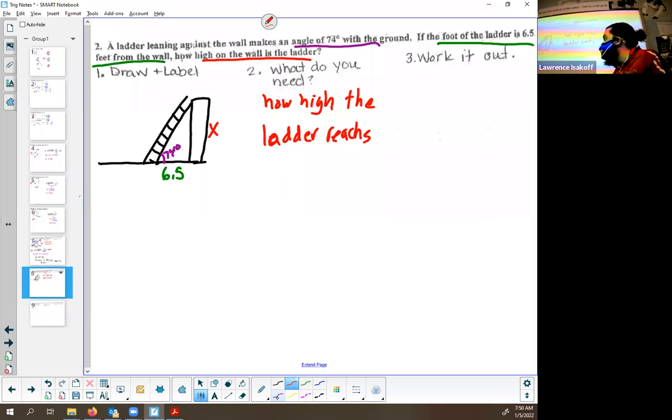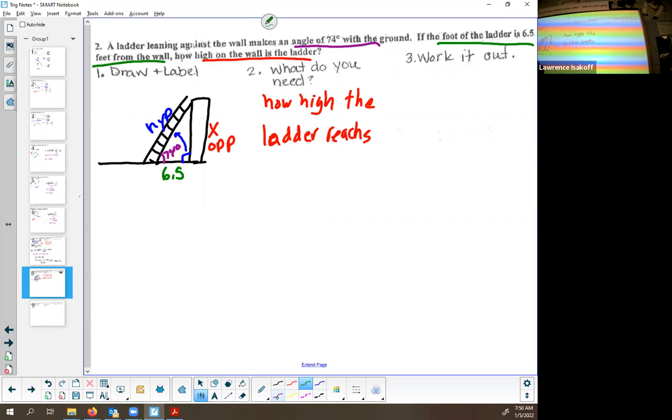So with this, I look here, my right angle is at the ground and the wall, so that will help me with the hypotenuse, but right away I know I have opposite over here. Since my right angle would be here, that makes the ladder itself the hypotenuse.